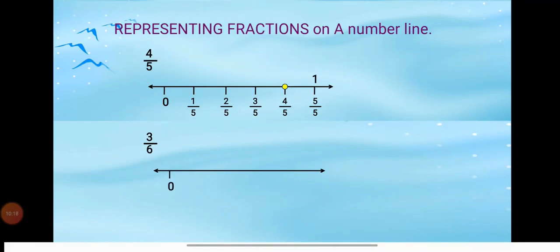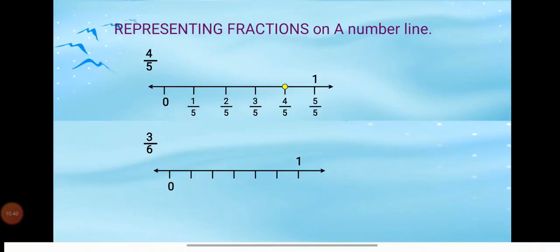And you remember what I told you earlier? That we will have to make that many markings which is mentioned in the denominator. So here we have 6. So we'll have 1, 2, 3, 4, 5 and 6.